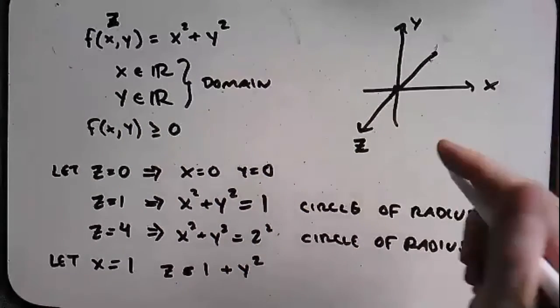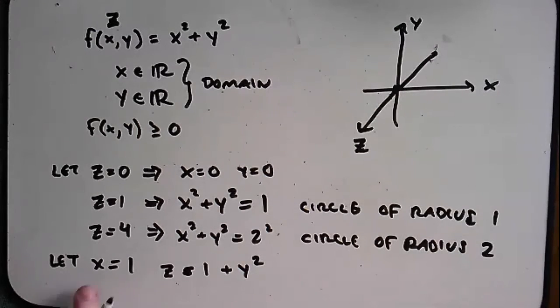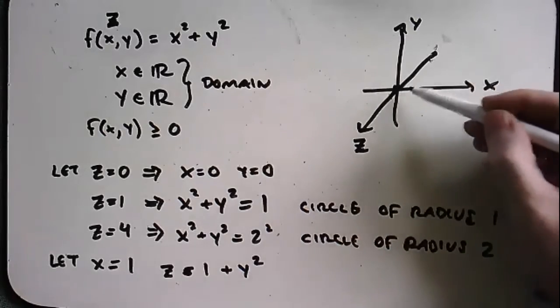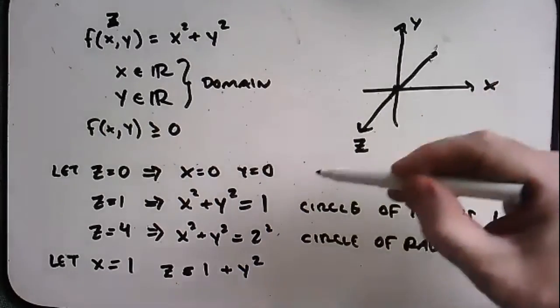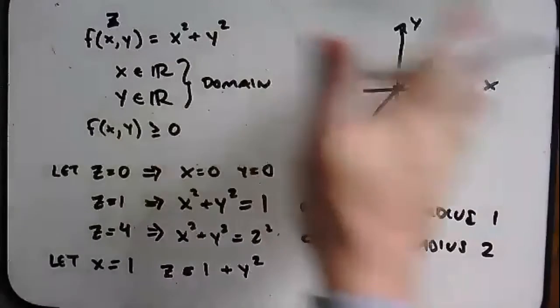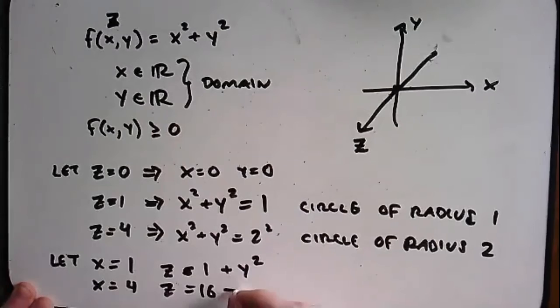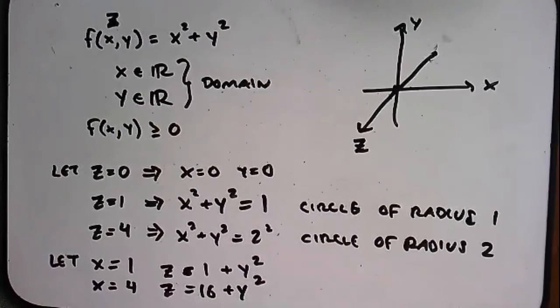So the yz plane is going to have a parabola at x equals 1. So if I come out 1 unit to here, there'll be a parabola, right, parallel to the yz plane. And if I choose other values, like if I let x equal, I don't know, 4, then we have z equals 4 squared, which is 16, plus y squared. And that's a different parabola, but it's still a parabola.